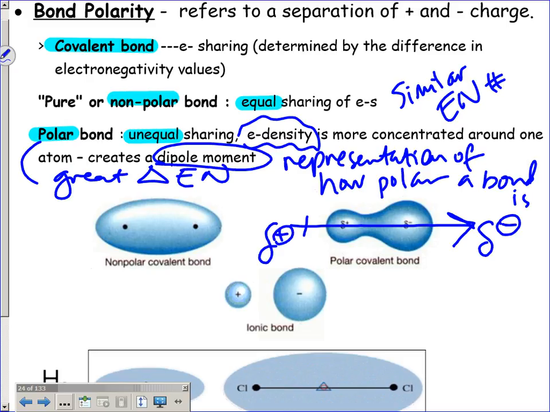That little symbol is a lowercase sigma, and it means partial. So this shows a linear molecule with a partial positive and partial negative, a polar bond, or a polar molecule if that were the whole molecule.